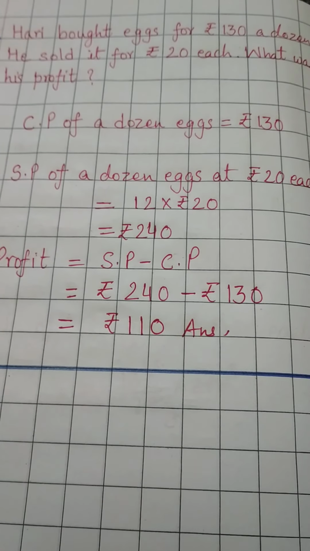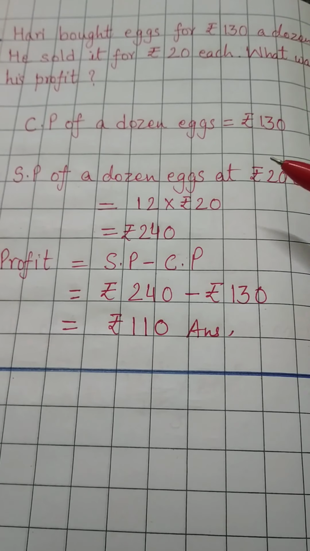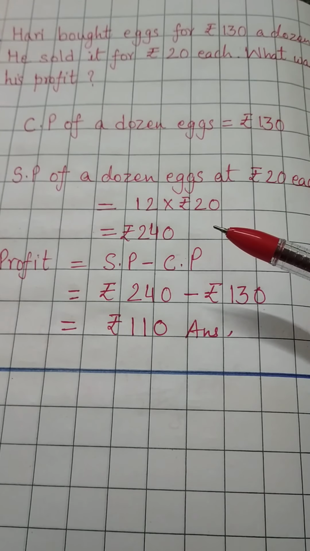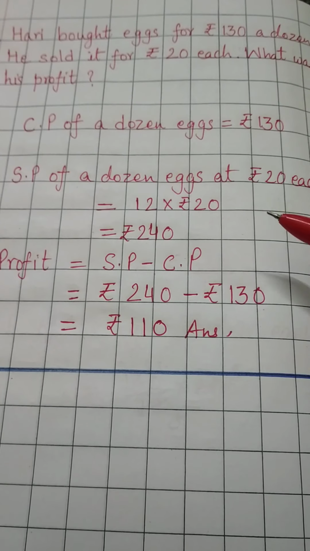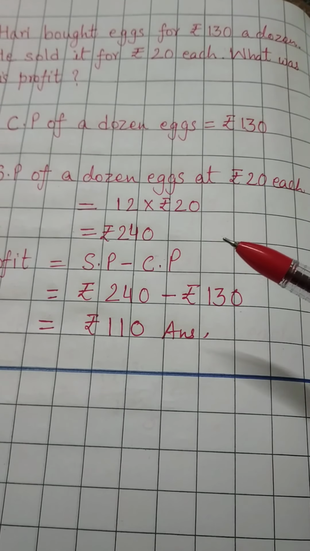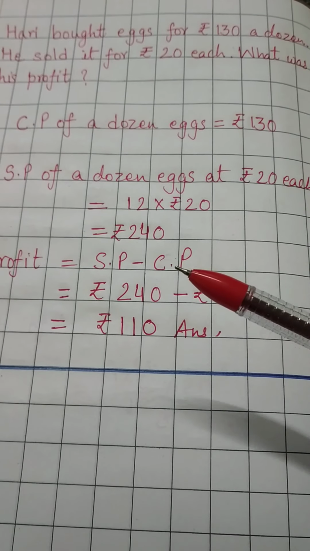So here cost price of a dozen eggs equals rupees 130, and you know 1 dozen equals 12. So SP, that is selling price, of a dozen eggs at rupees 20 each equals 12 into 20, that is 240.